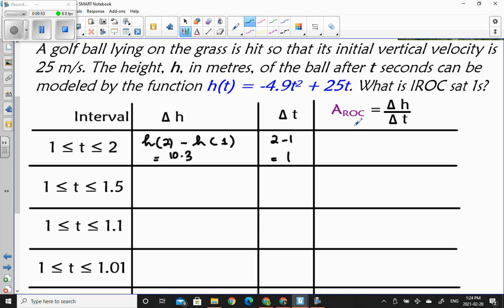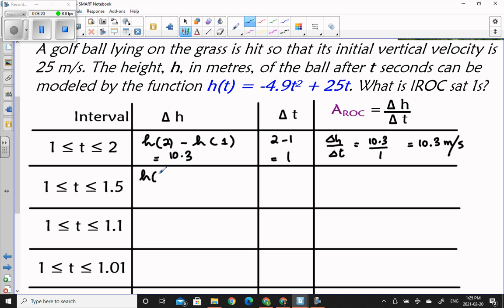So our AROC between these two intervals is delta H over delta T, which is going to be 10.3 divided by 1, which is 10.3. And we have units here of meters for height and seconds for time. So it's 10.3 meters per second. Now we're going to take a value even closer to 1, so between 1 and 1.5, and find the AROC between these two values.